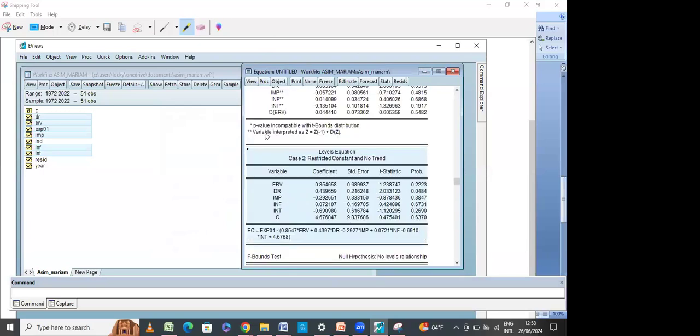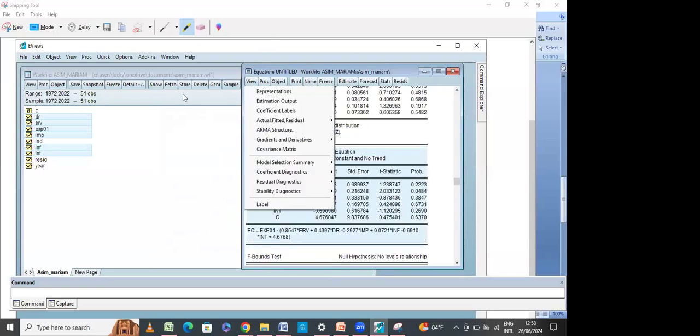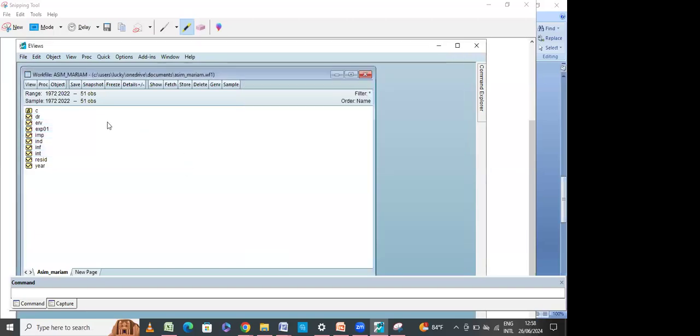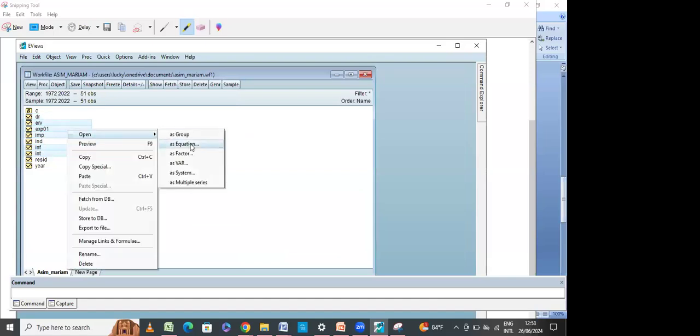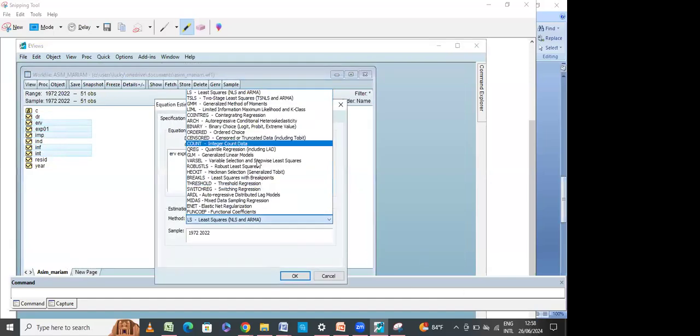That's how I can simply compute my long run and short run. So let me now show you my short run estimations, how to calculate the short run.